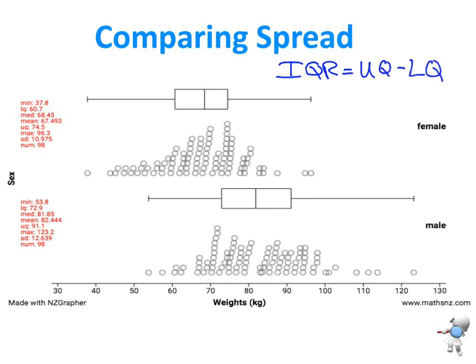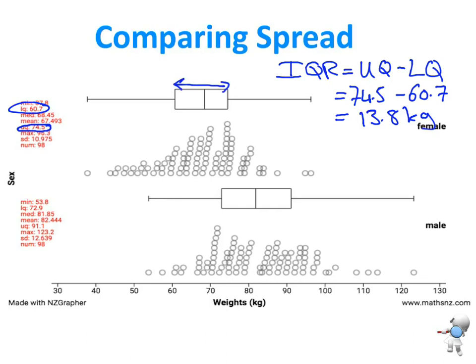If I was doing that for the females here, then the upper quartile is 74.5 kilos, and the lower quartile is 60.7 kilos. When I subtract those two, I get a value of 13.8 kg. That is looking at how spread out the middle 50% of this data set is.